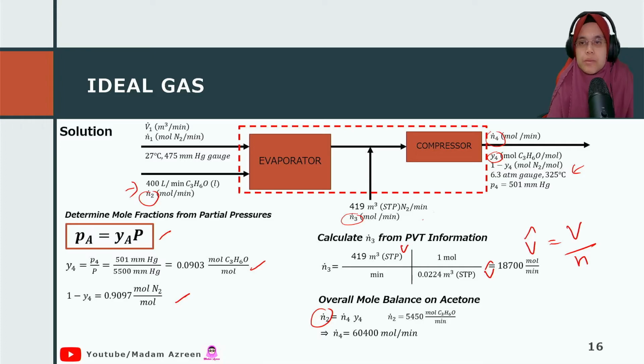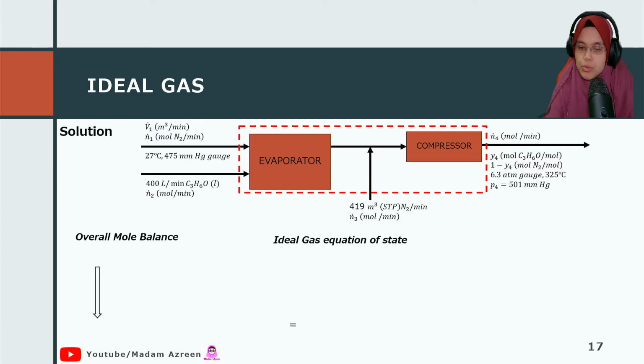It's okay, take your time to digest. So we are already done here and also here. The next thing to do is we go back to this stream. So we still can do an overall balance, we just do an overall mole balance, for us to determine the value of N1.